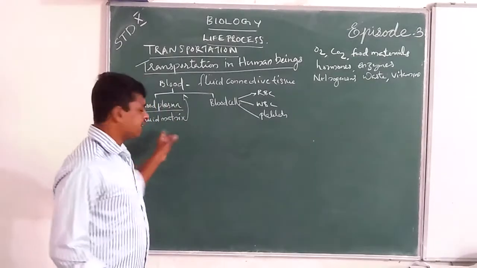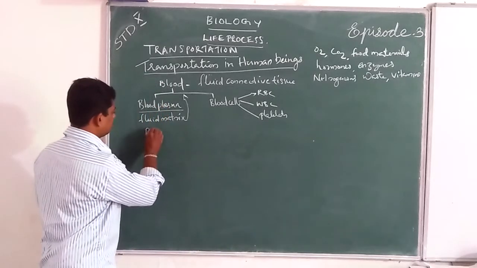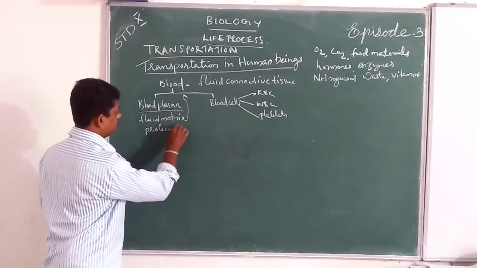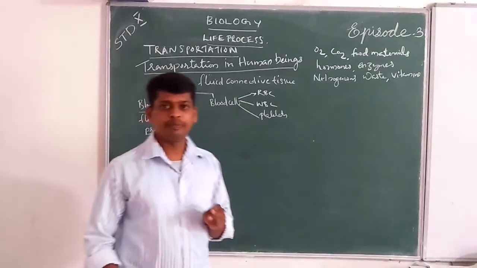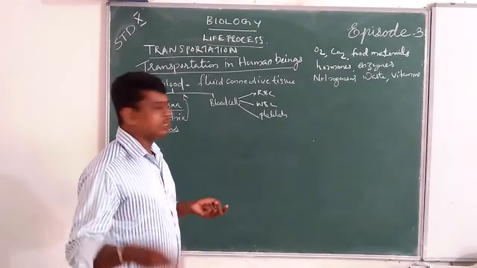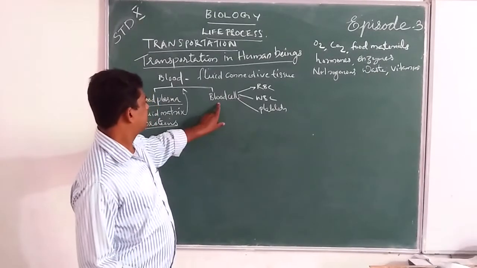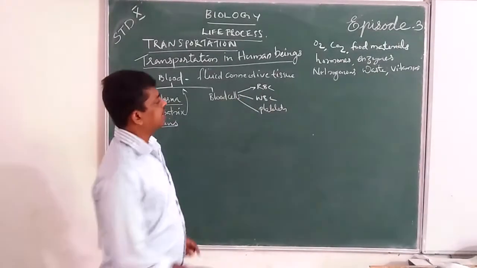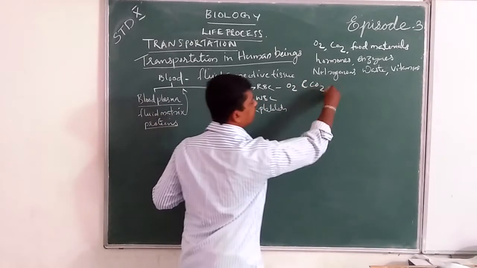Blood plasma contains proteins. The major proteins are albumin, globulin, and some more. Among blood cells, RBC carry oxygen and carbon dioxide.